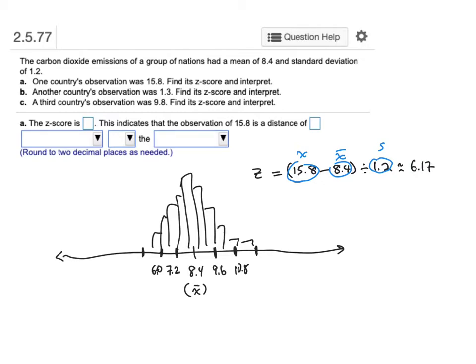And so this z-score is telling us the number of standard deviations above the mean. So we would interpret that as 15.8 is over 6 standard deviations above the mean.